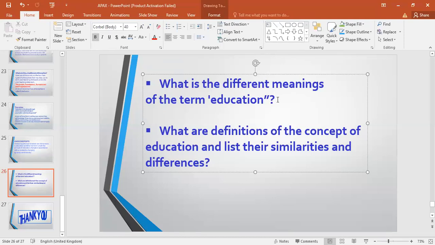And how are you going to show the different meanings? Ma'am, it means the different versions for education that you can give.